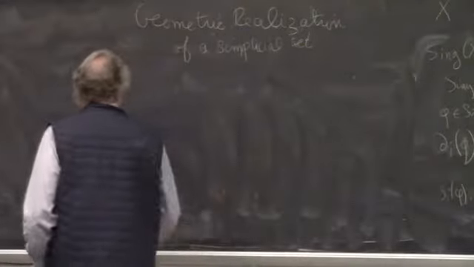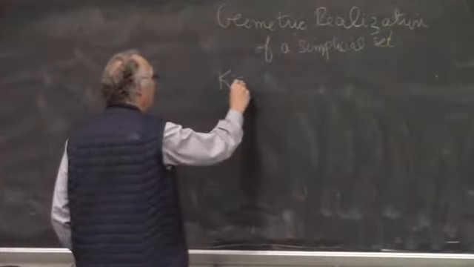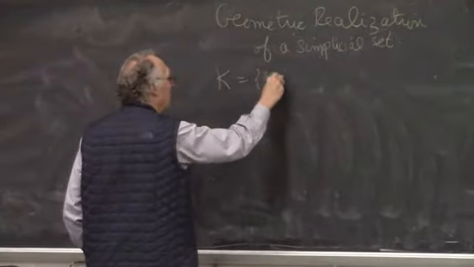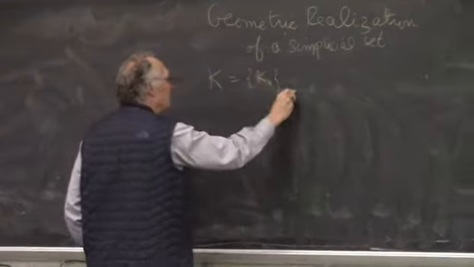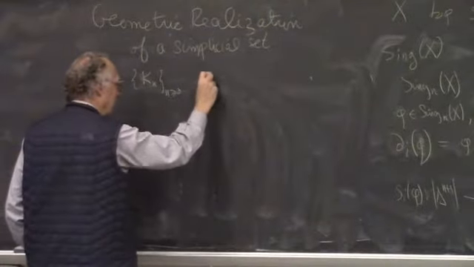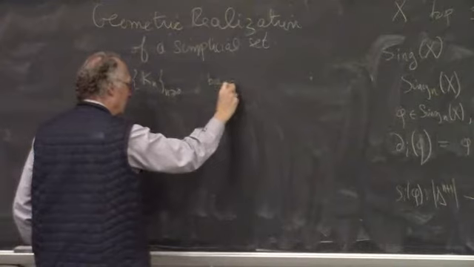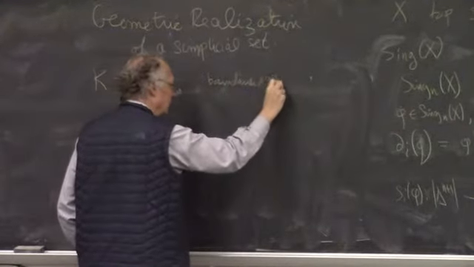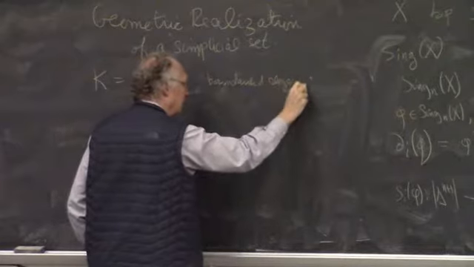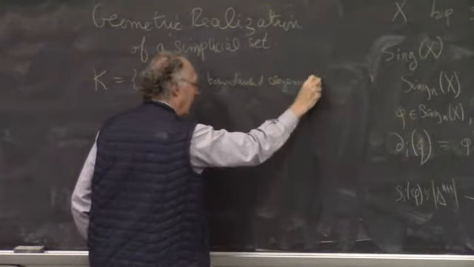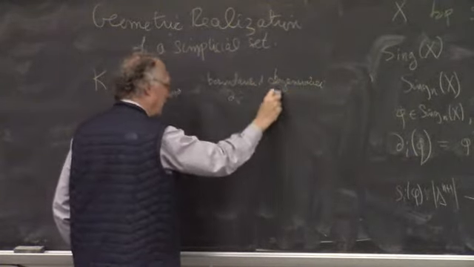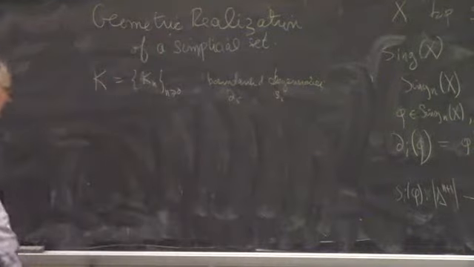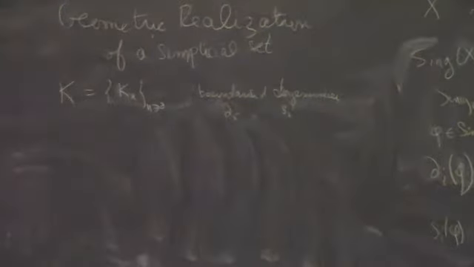Okay, so we have a simplicial set K, K_n, with boundaries and degeneracies, which I won't write down. But they have the boundary delta I. So that's my simplicial set.